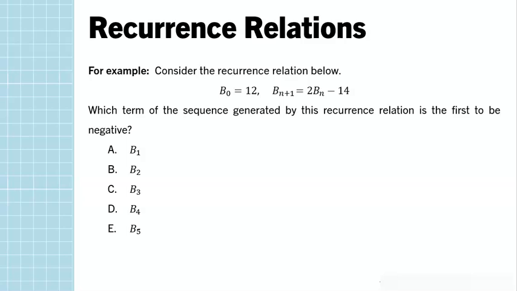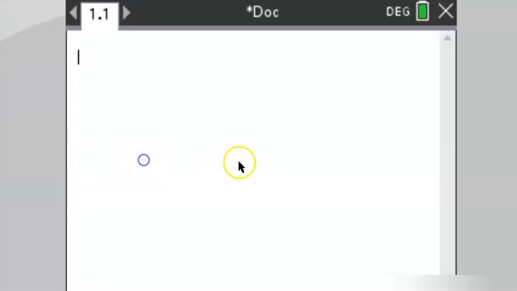In this case, I'm going to use my calculator to help me out here and keep track. Okay, so much like before, the first step is we're going to put in the value of 12 and hit enter, our initial term. Then we have the rule 2 times Bn, so 2 times and pick up our answer, minus 14. So we hit enter.